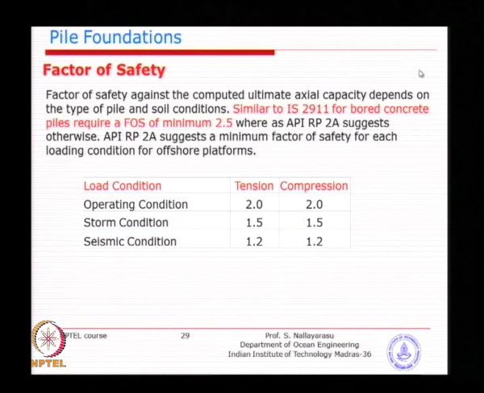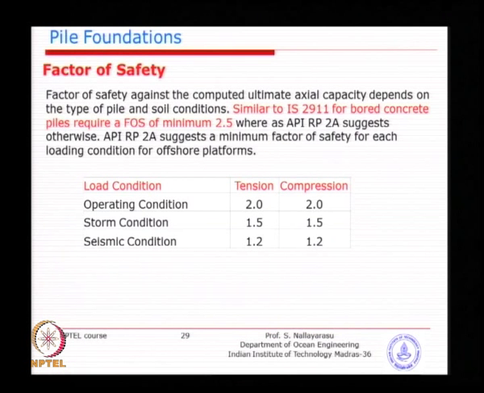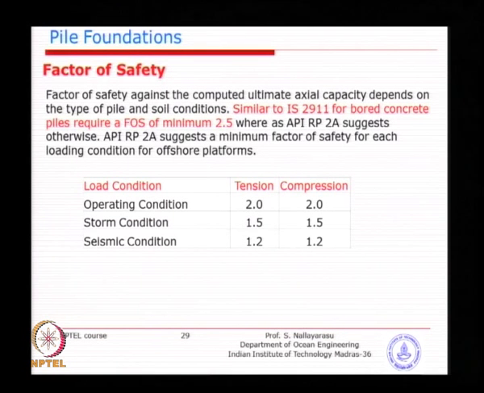If you look at, for example, IS codes on foundations, predominantly on concrete piles, bored piles and shallow foundations, they have suggested that the factor of safety can vary from 2 to 4, 2 to 5, and leave it to the designer depending on the type of uncertainties involved, from the evaluation of soil to the foundation loads to the capacity.